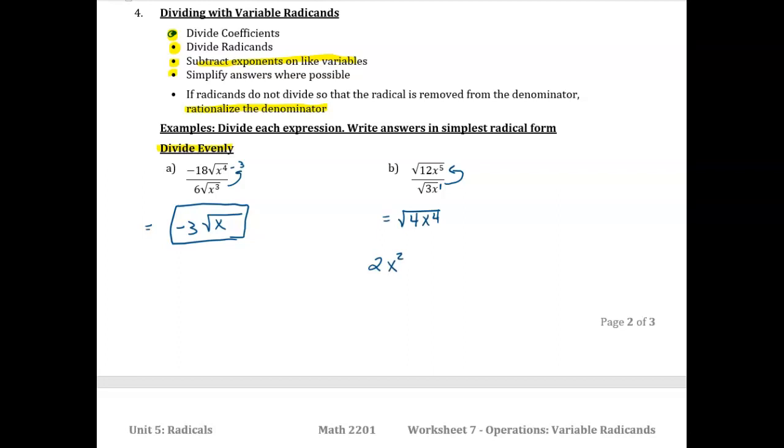X squared. So remember, you take your index and you divide it into your exponent. So your exponent divided by your index. The exponent, which is 4, divided by index here. So 4 divided by 2.